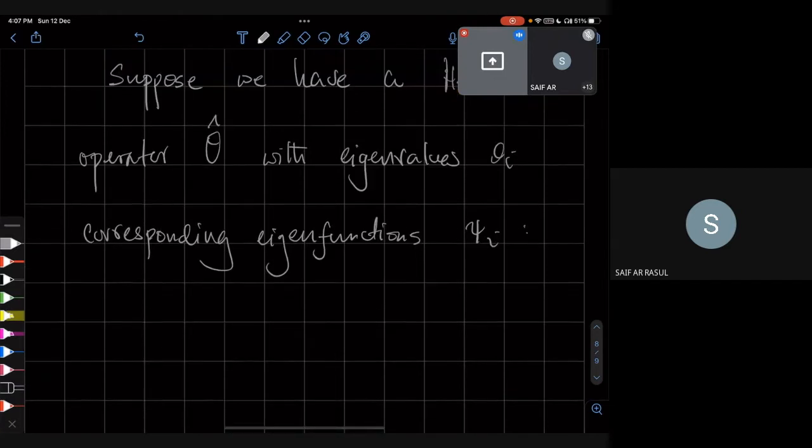What does it mean? When the operator O acts on psi_i, we get the same vector back, but the constant of proportionality is O_i. And this is the eigenvalue, right?